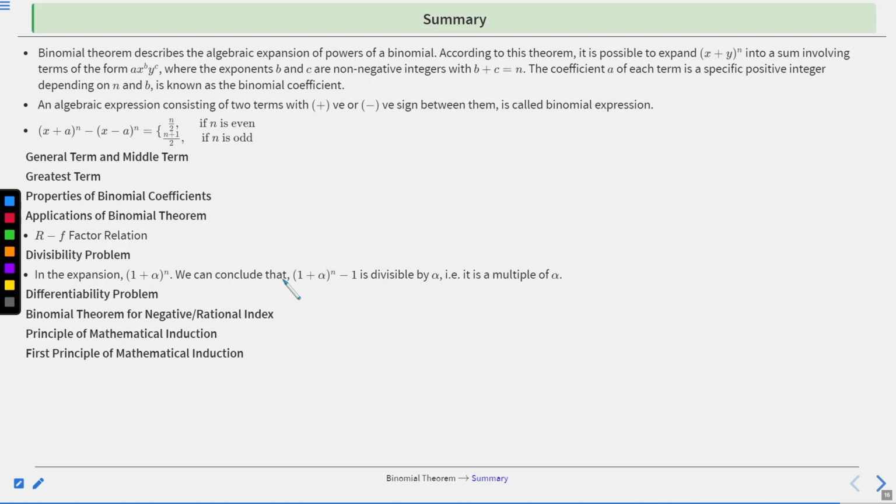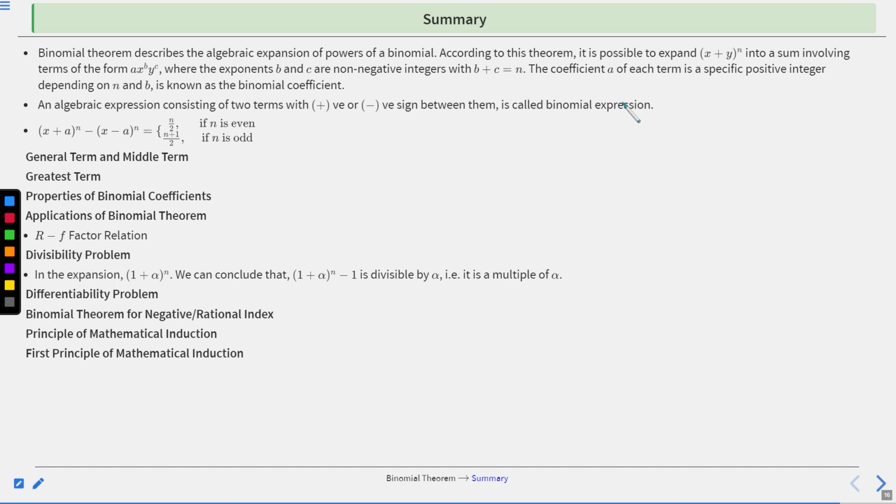Now the summary of this chapter: first we discussed the binomial theorem, which describes the algebraic expansion of powers of a binomial. According to this theorem, it is possible to expand (x + y)^n into a sum involving terms of the form a x^b y^c, where the exponents b and c are non-negative integers with b + c equal to n.